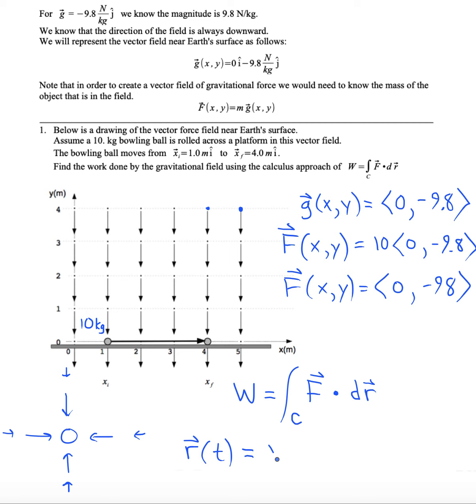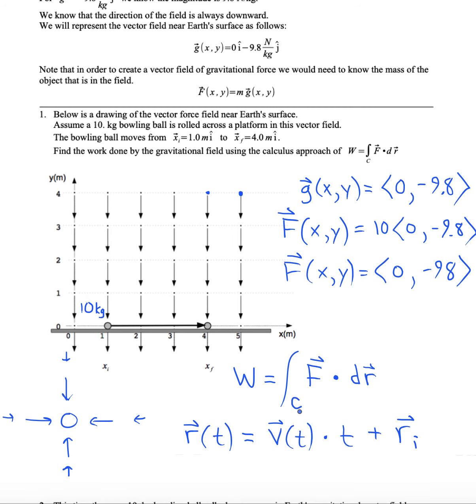Normally if we were going to do a problem involving velocity, we would get our velocity function, and then multiply by the time that it takes to get there. And then we would also add in some initial position. Okay. Let's let the velocity function just be 1. So we'll have r of t equals.